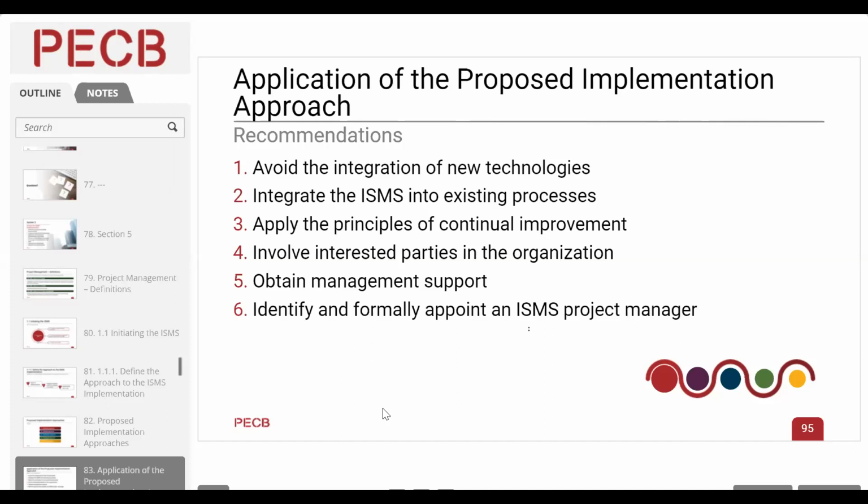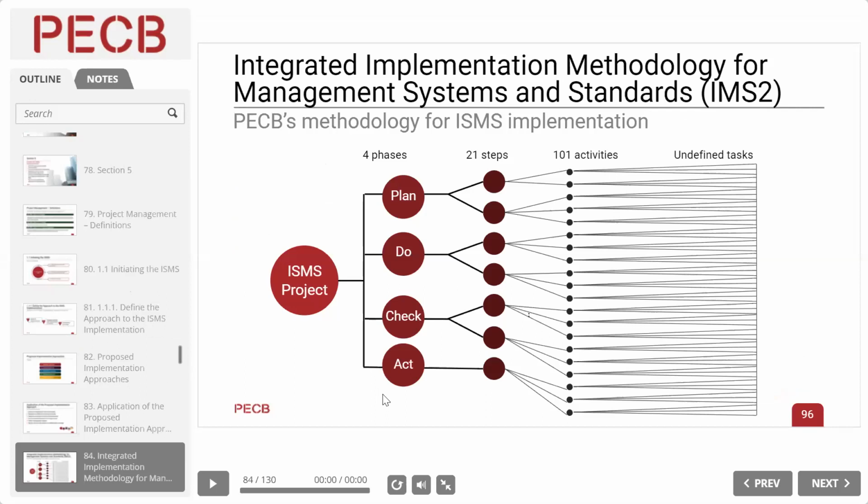Because you can't go through all that trouble, learn all these things, and then not continue managing it. So the expectation is that anybody appointed as the ISMS project manager will become the information security manager.